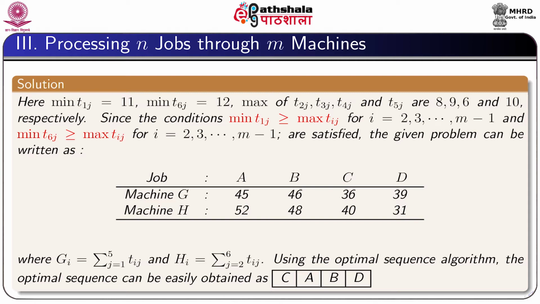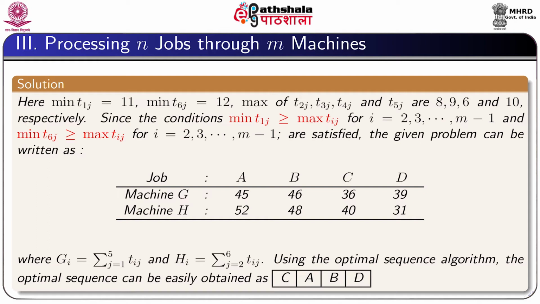Therefore, the conditions, minimum of T1j is greater than or equal to maximum of Tij for i equal to 2, 3 up to m minus 1, and minimum of T6j is greater than or equal to maximum of Tij for i equal to 2, 3, 4, 5, are satisfied here.